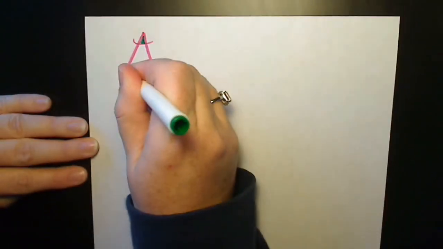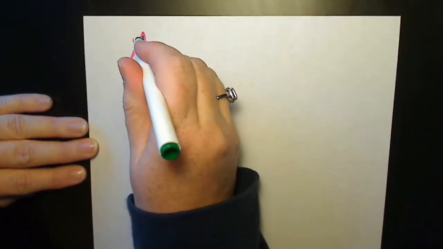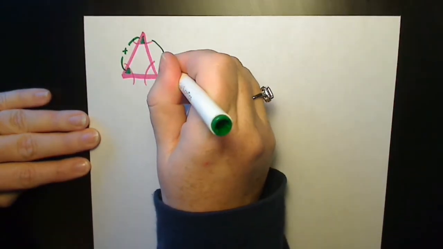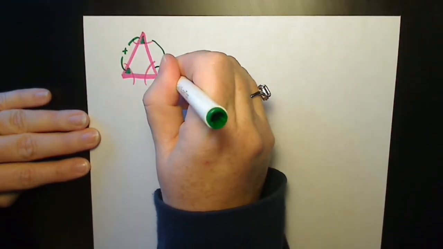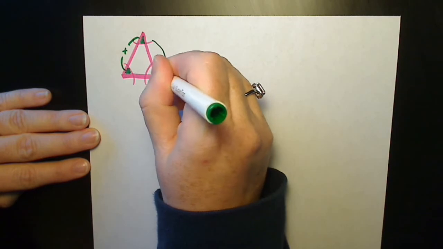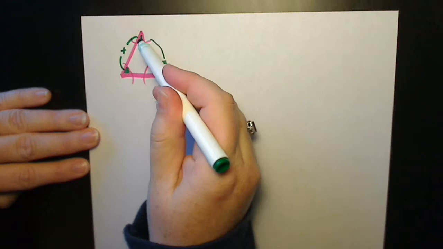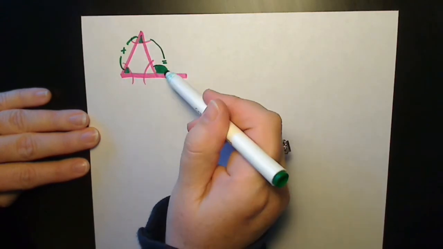These two angles, here and here, when you add those two angles together, they're going to equal that angle. And that's something else that you can think about. The sum of these two is going to equal that one.